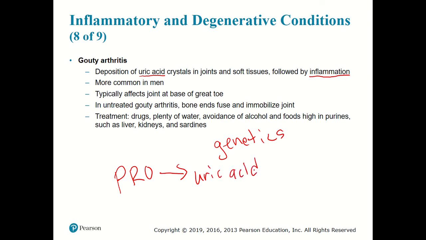Some people break it down more readily than others. That uric acid again gets deposited into the joints and in the soft tissue. Inflammation will form, and then we start to see an inflammation response, much like we see in rheumatoid arthritis.